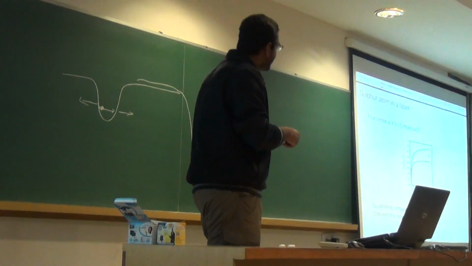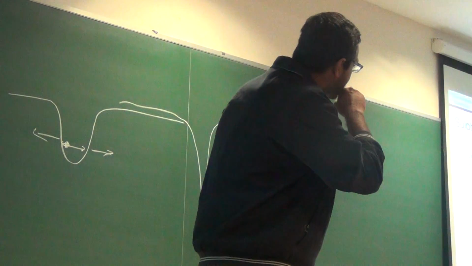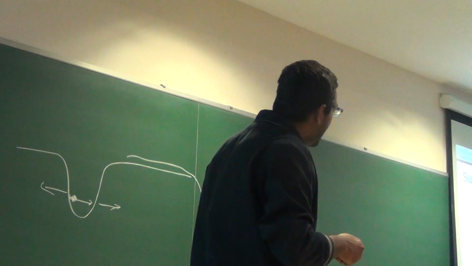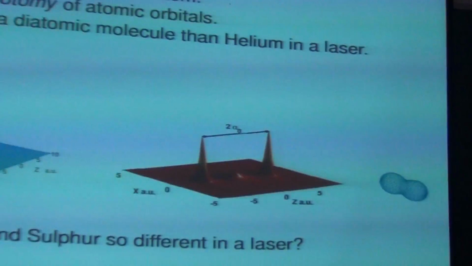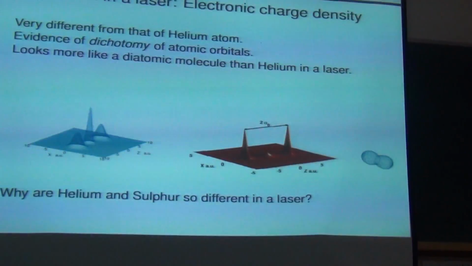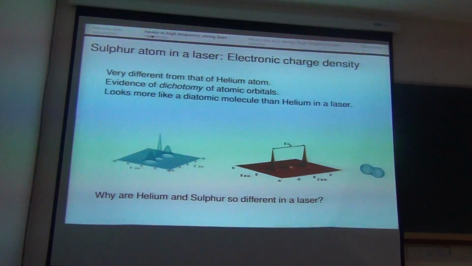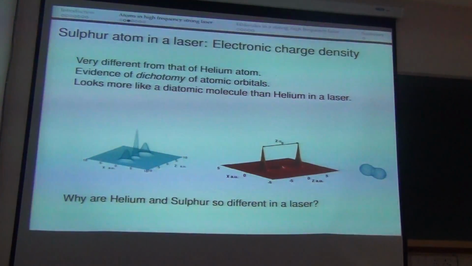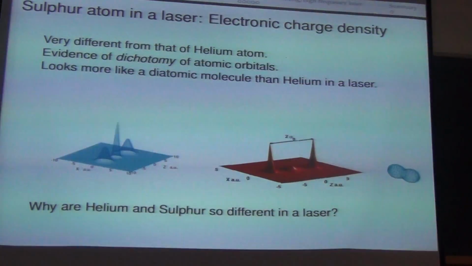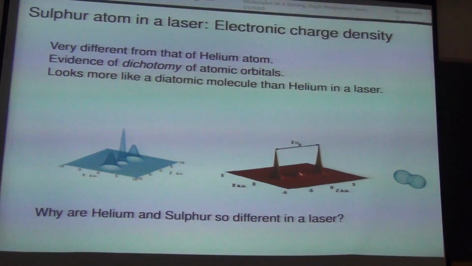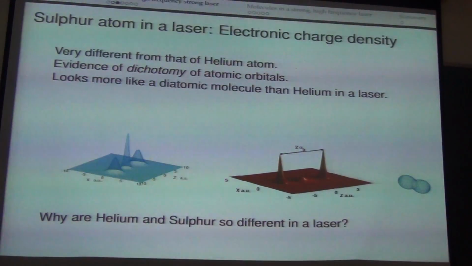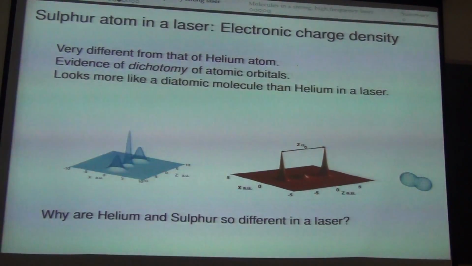It's only the electronic energies. Okay? So, now that apart, how does the electron density look? Here is something very interesting: if you compare the helium atom and the sulfur atom, you would see that the middle peak has completely disappeared. And at the two wells of the potential, you would see pronounced peaks. That means most of the electrons are occupying both of those split wells.